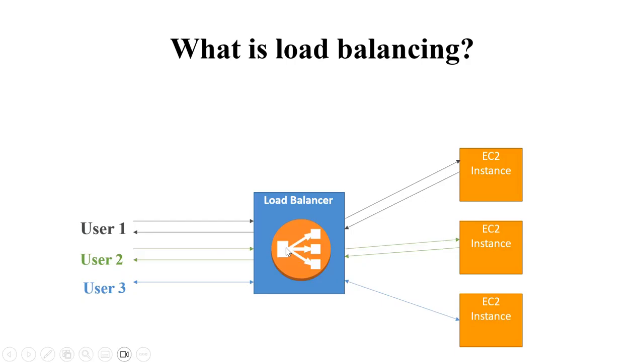But once it has received the request on that URL, it has to route it to the EC2 instances, right? So these EC2 instances should also be registered to the load balancer.